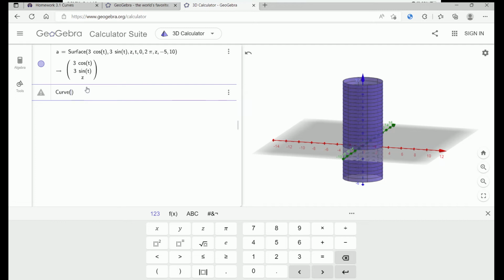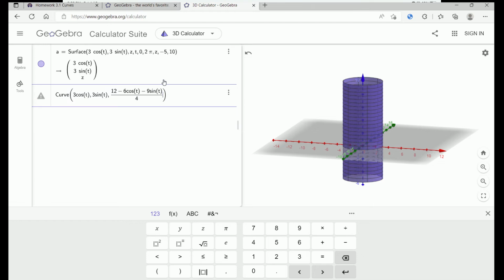So our parameterization for the curve was 3 cos t, same as above, 3 sine t, same as above, that's the y. But then our z this time is not just z, z is the equation of the plane, which is parentheses 12 minus 6 cos t minus 9 sine t over 4.